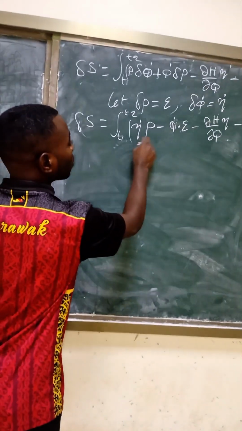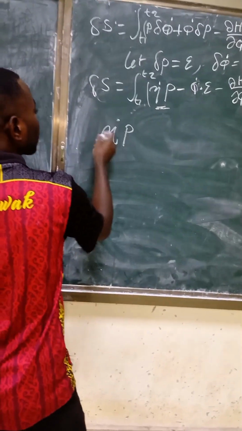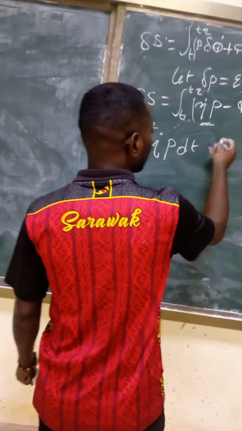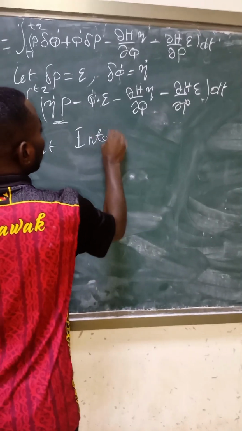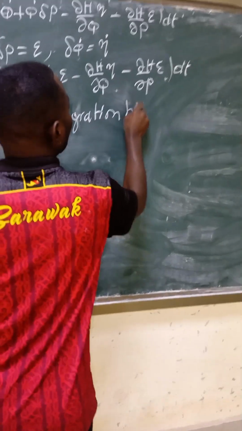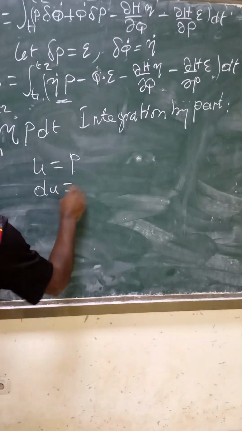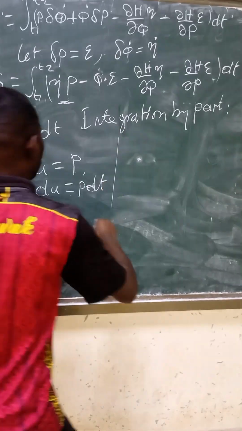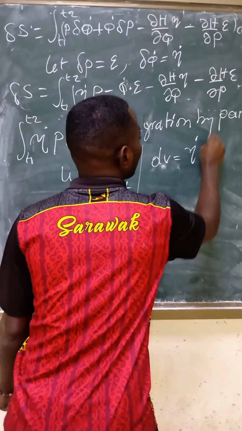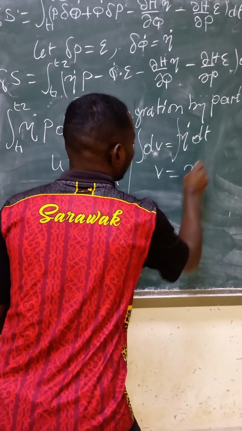Let's take a look at this factor, the integration of p dt. Now let's use integration by parts. Let u be p, then du is equal to p dot dt, and let dv be equal to theta dot dt; integrating both sides, v is theta.